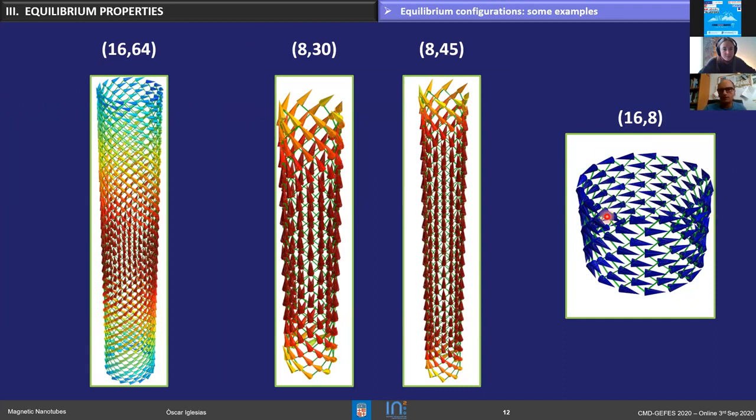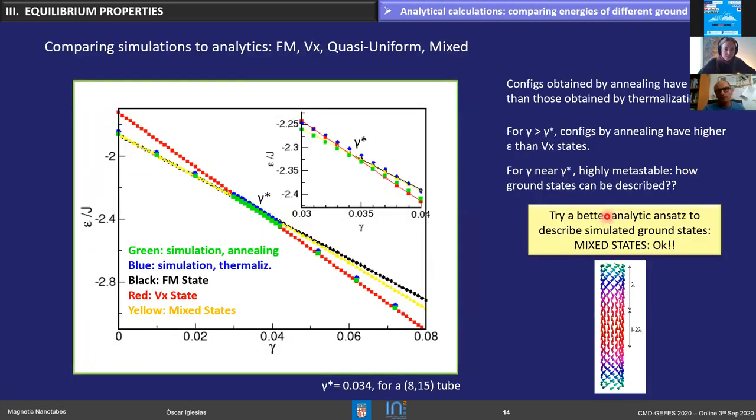In order to better characterize this, we can see here, for example, the comparison between the calculations, these two lines here, the results of the simulations, and then the comparison between different states. A mixed state, which would be formed by a ferromagnetic part and vortices of extension lambda at the ends, which is a theoretical state trying to describe what happens in the simulations, and also a state which is characterized by quasi-uniform orientation of the magnetization.